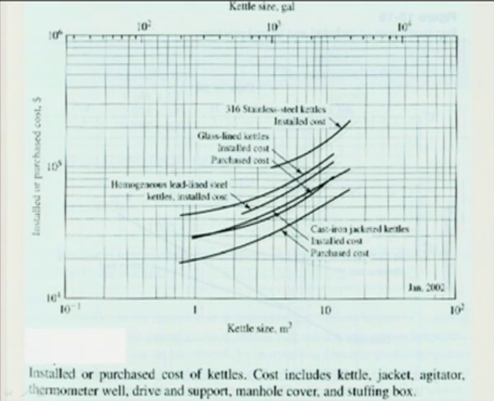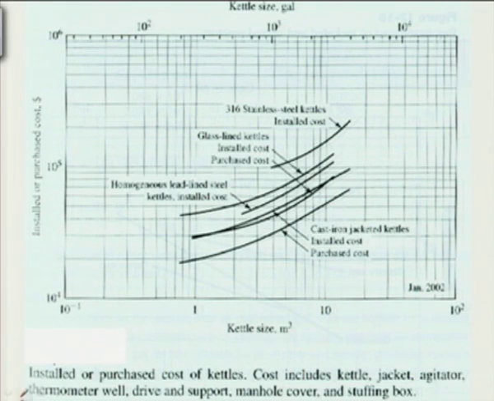What is shown here is the installed cost and purchase cost. Installed cost is somewhat higher because of the other things that come into picture, like erection of support, electricity connections, insulation, painting, and so forth. These things we shall see in greater detail in the module of project economics.